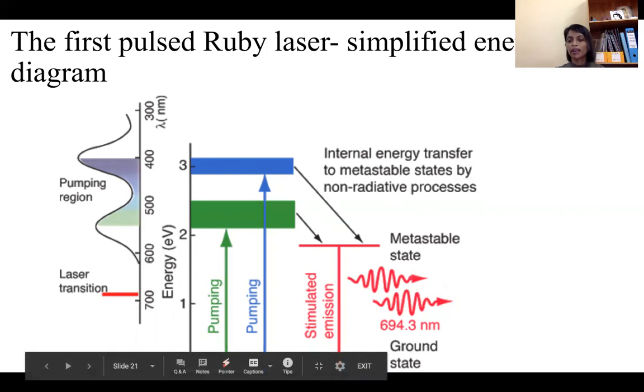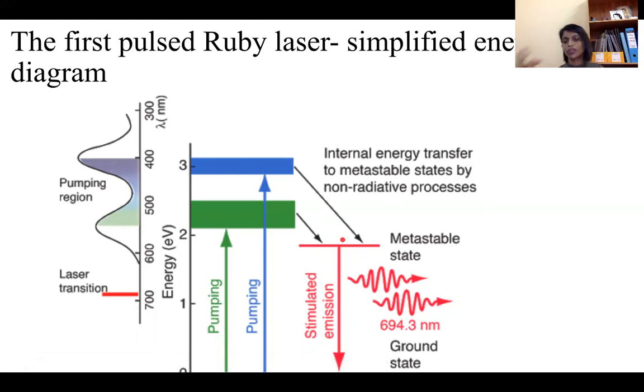On their way back and forth, they will exert an oscillating force on these accumulated electrons in the metastable state, forcing them to drop down to the ground state without completing the lifetime in the metastable state. So there we have stimulated emission coming out, and because of the partially silvered mirror on one side of the cavity, this lasing light will escape.